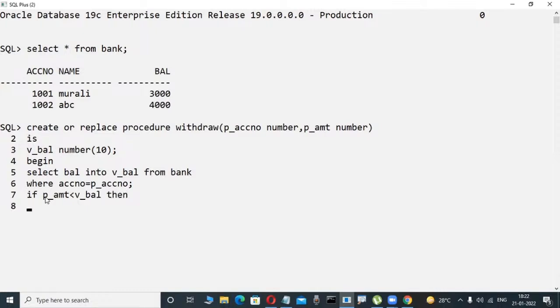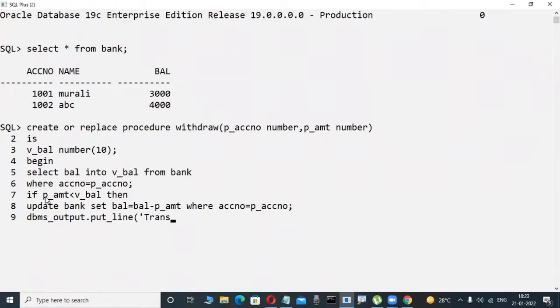Then I want to affect that in the database: update table name set balance equal to balance minus p_amount, where the condition is there. Now I am writing a message, same as in Java or .NET, to display: your transaction is successful.